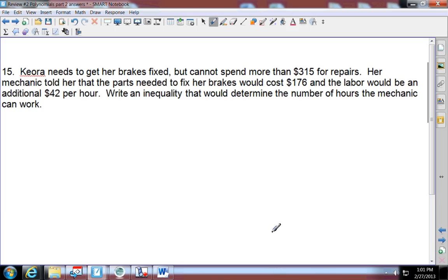Moving on to number 15. Kiora needs to get her brakes fixed, but cannot spend more than, okay, what does that mean? Can't go over. It's got to be less than or equal to $315. Her mechanic told her that the parts needed to fix her brakes would cost $176 and the labor would be an additional $42 an hour.